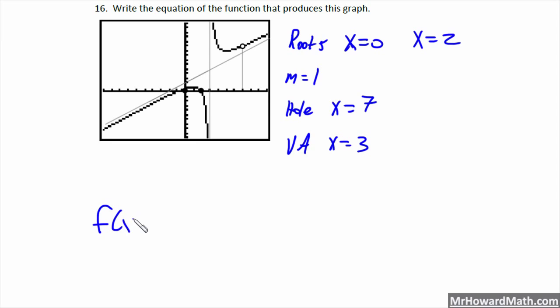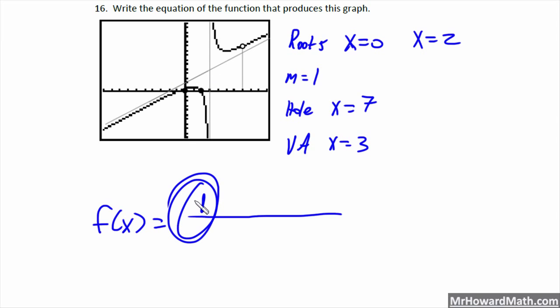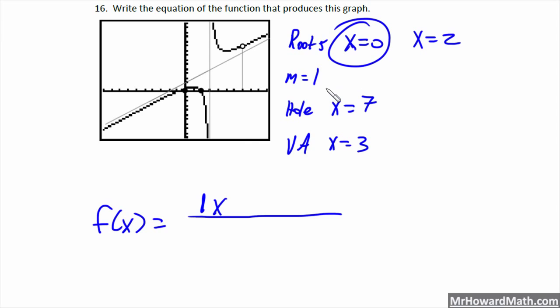So we write the function here based on that information. So we'll put the 1 in the very front, that's the slope, whatever the slope is, or value of the horizontal asymptote, if it had one, goes in the front. We have a slant, so no horizontal. Slant slope is 1, so that's why that 1's there. And then we need an x on top for this root.